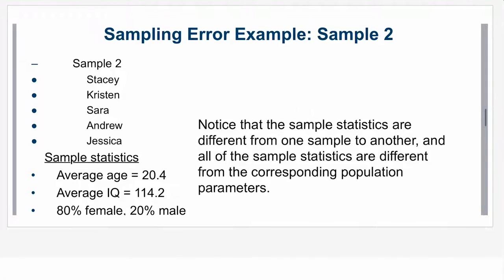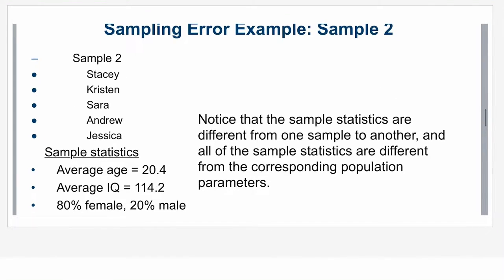Well, then we select a different sample. Again, average age is a little bit lower. It's closer to the population. The population was 21.3, but it's still lower and it's still different than the other sample. Our population IQ, again, remember, was 112.5. So this one's actually higher. This sample actually had a higher IQ average than the population.